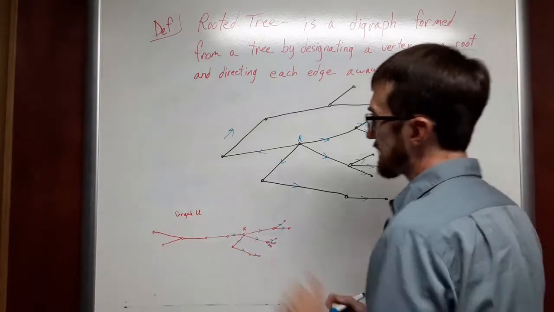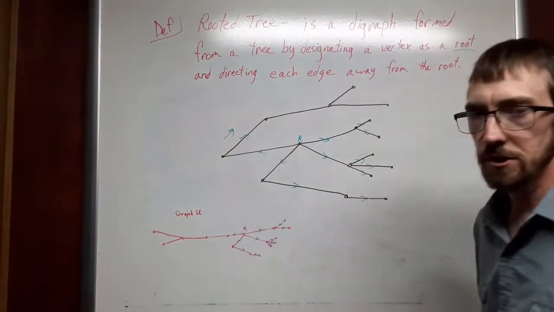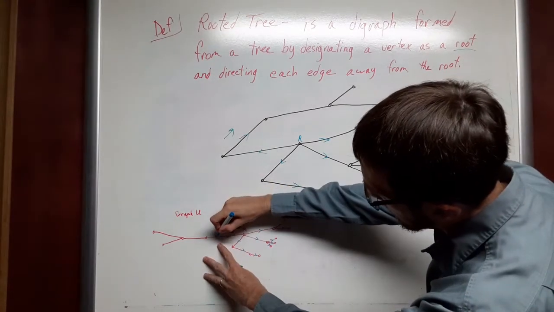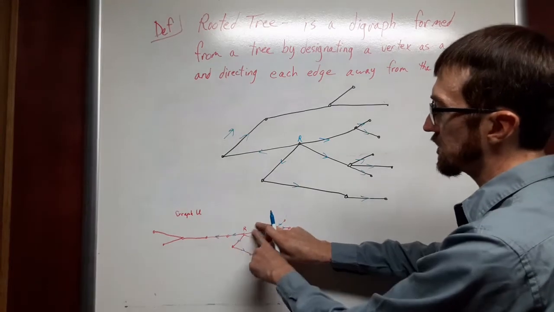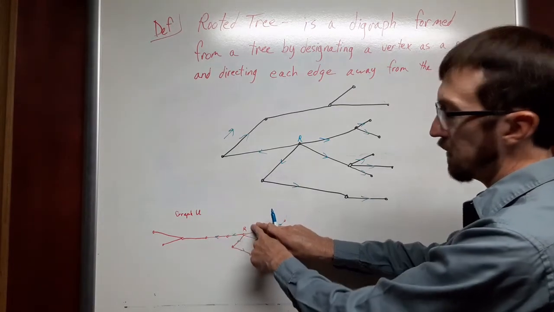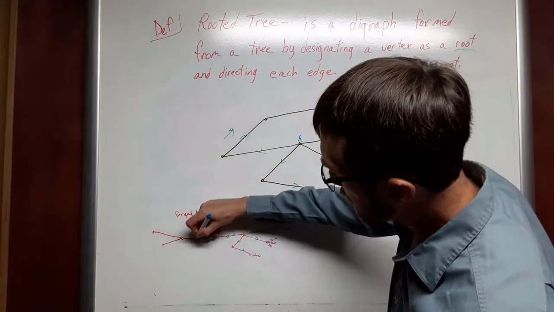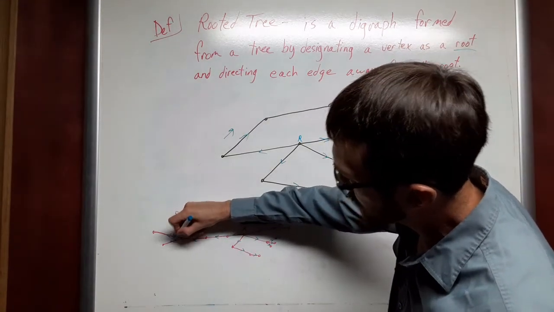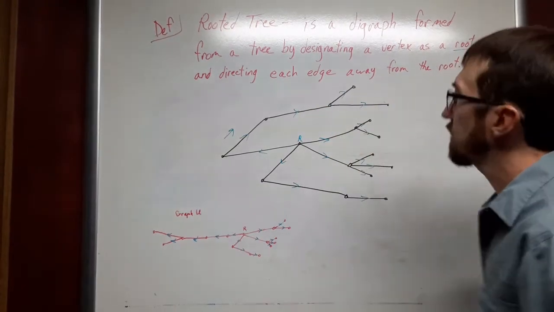So if we add this direction to this edge, that's adding this arrow in this direction, which is going away from the vertex that we've designated as the root. We continue the directions out this way.